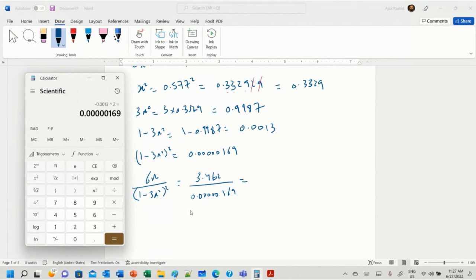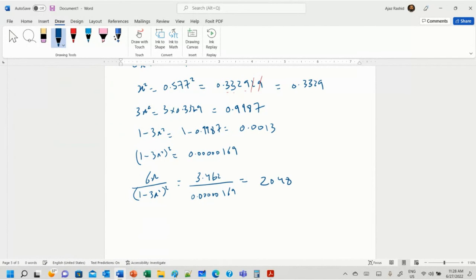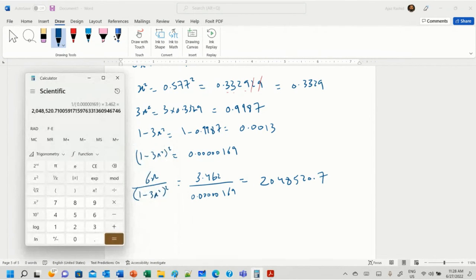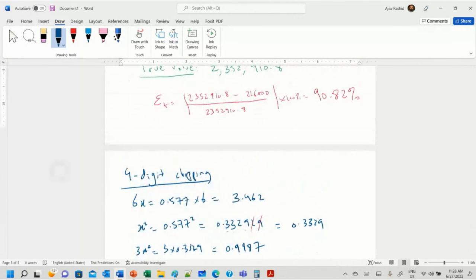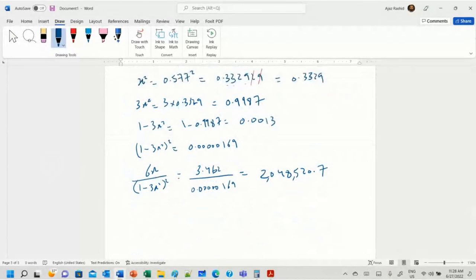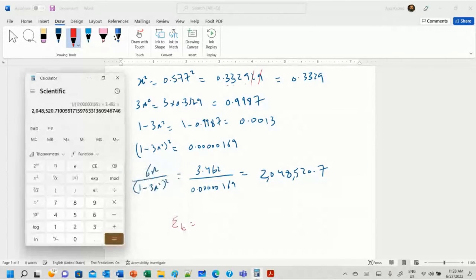So this number, the inverse of this, multiplied by 3.462, gives us 2048520.7. Again, we didn't get the true value, which is 2.3 million, but at least we got 2.0 million. At least we are somewhere close to the range.